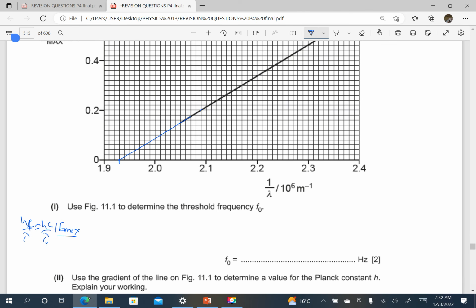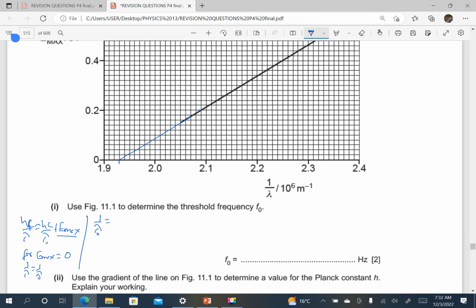When Emax is equal to 0, 1 over lambda is 1 over lambda naught. So from the graph, I have that 1 over lambda naught is going to be equal to, I think, 1.93.